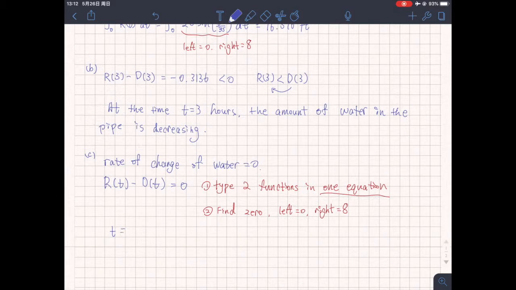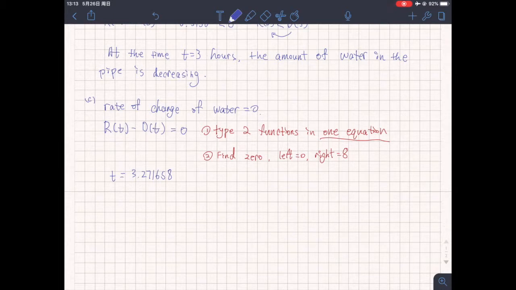Now the calculator gives the exact t value, which is about 3.271658, and in the AP test we can round it to the nearest three digits. So it's about t equals 3.271 or 3.272, and we finish problem C.